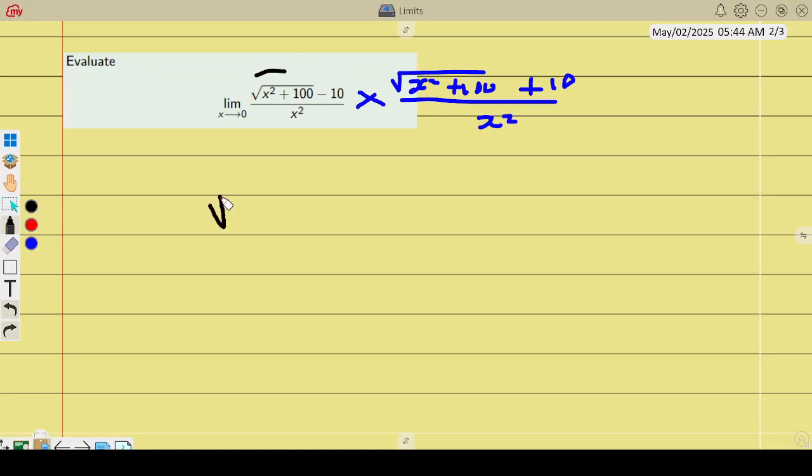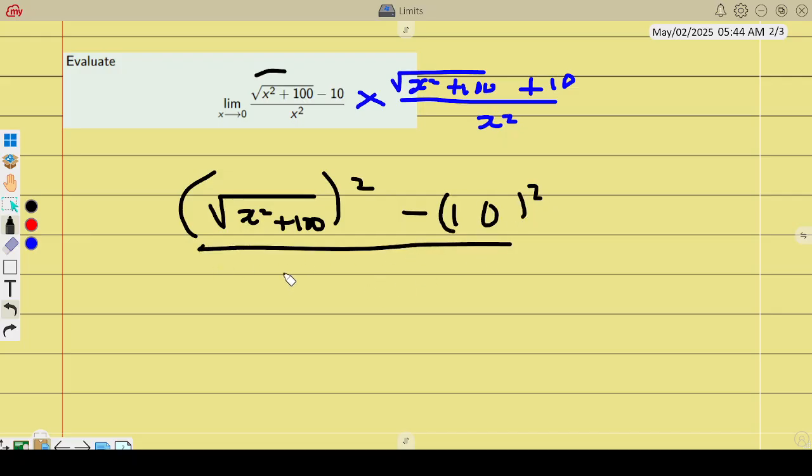So this will be square root of x squared plus 100 squared minus 10 squared over x squared. Remember, I'm multiplying, so this isn't supposed to be x squared.